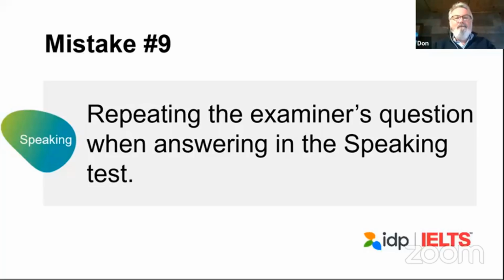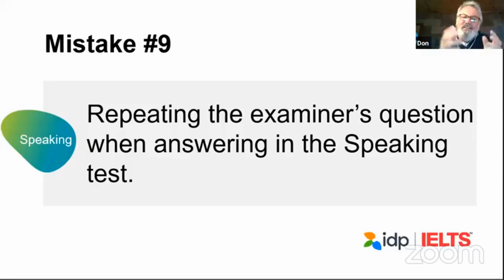Mistake number 9. Now, in the speaking test, the examiner will ask you a question. And the question might be, well, can you tell me about the sorts of new movies that you like? And you answer, the sorts of movies that I like are.